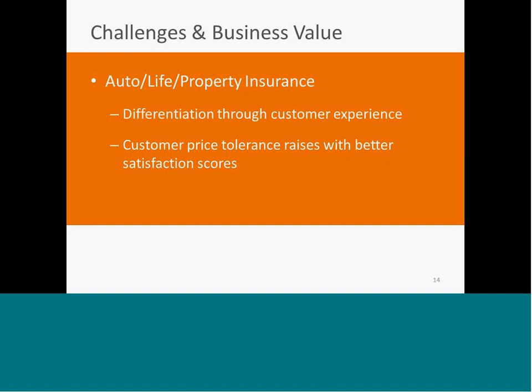Many times within these types of policies, people are going for the best value. Where can I get the best bang for my dollar? It's proven through a recent study that those insurance companies in auto, life, and property that are scoring very, very high in customer experience are not only retaining their customers, but their customers are spreading the word and are also more tolerant to slight price increases than those dealing with organizations that don't deliver service.